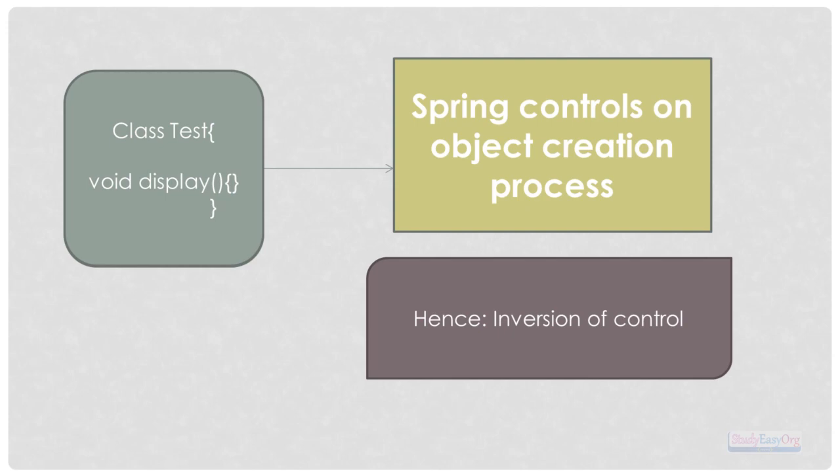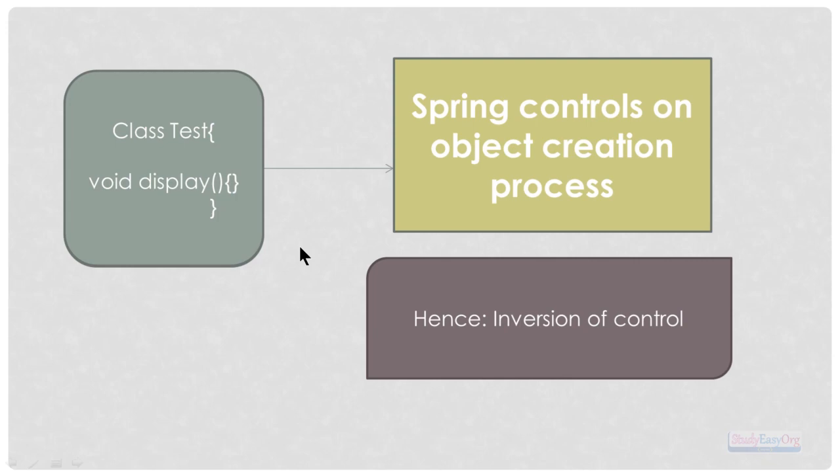As the control of object creation is being given to Spring, the overall concept is known as inversion of control, where we are giving the control to Spring rather than keeping the control ourselves. So Spring will handle the object creation by itself, and the concept of giving the control to Spring is known as inversion of control, where we are inverting the control of object creation.